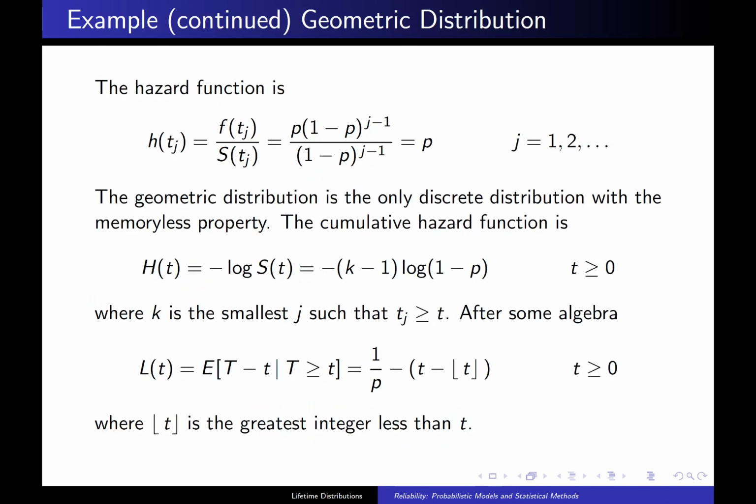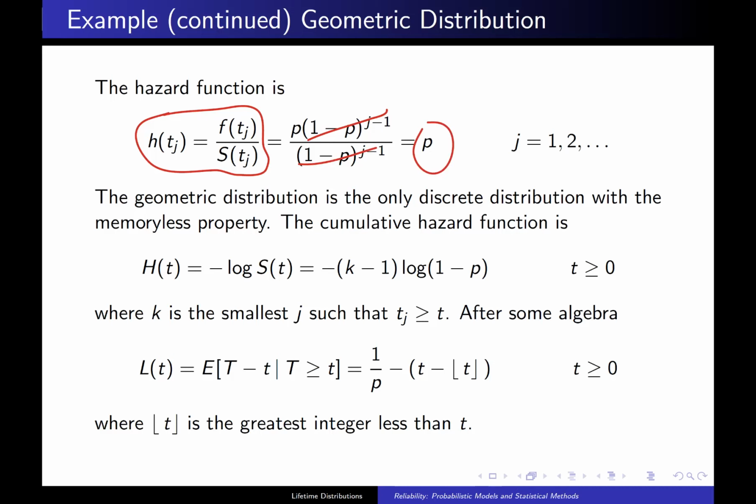The hazard function in the discrete case is the ratio of the probability mass function at tj to the survivor function at tj. The mass function is given by the numerator here, p times 1 minus p to the j minus 1. The denominator we just saw was 1 minus p to the j minus 1. The two terms here cancel, and you're just left with p.